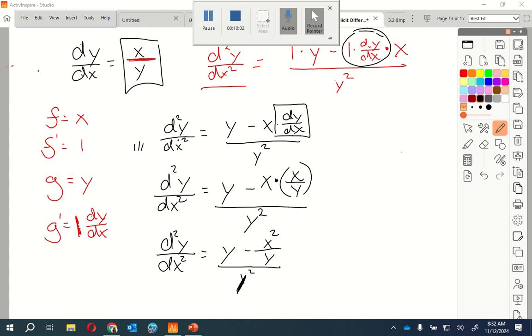So I'm going to do a little bit of algebra here to show, because I have a fraction over fraction, so I would multiply everything by the common denominator, which in this case is going to be y. So multiply top and bottom by y over y, and distribute that. I get y squared minus x squared all over y cubed.